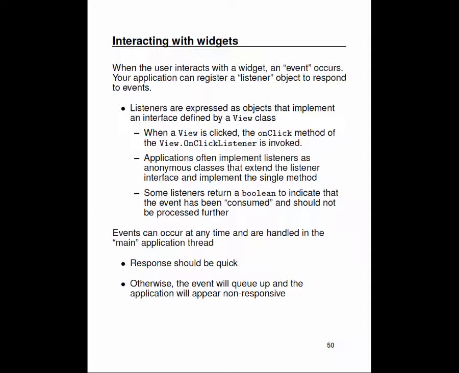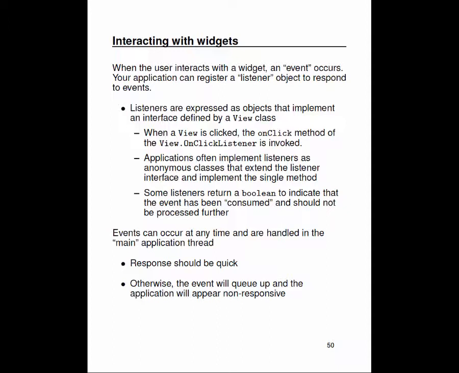The types of these objects are things like an on-click listener. So when you click on a view in Android, the on-click method of the one on-click listener that is registered on that object is invoked. And then your application implements that on-click method to do something interesting.